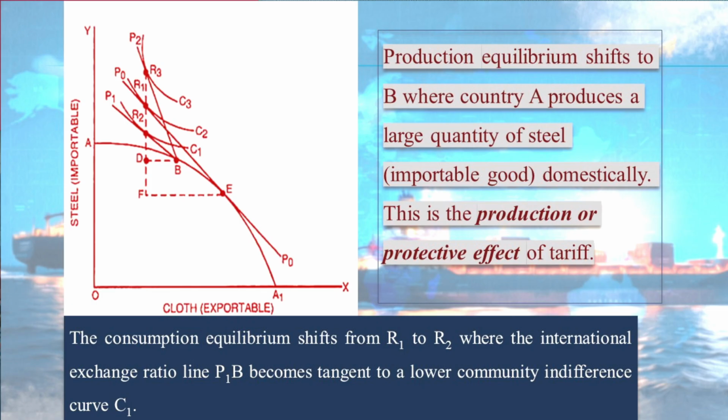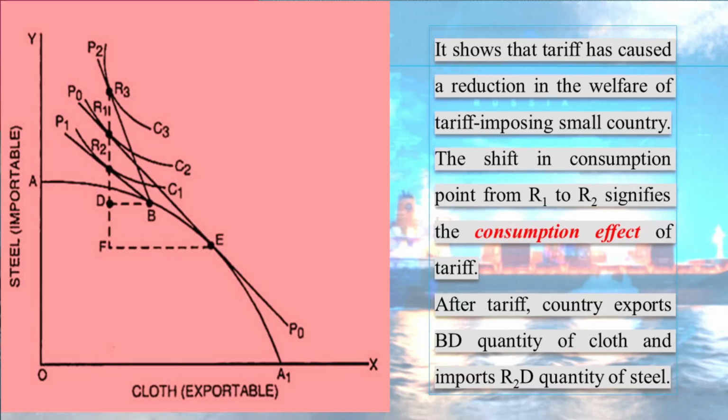The consumption equilibrium shifts from R1 to R2 as shown in the diagram, where the international exchange ratio line P1B becomes tangent to a lower community indifference curve C1. So our consumption equilibrium shifted from R1 to R2, from a higher indifference curve to a lower indifference curve. What does it mean? It shows that tariff has caused a reduction in the welfare of the tariff imposing small country.